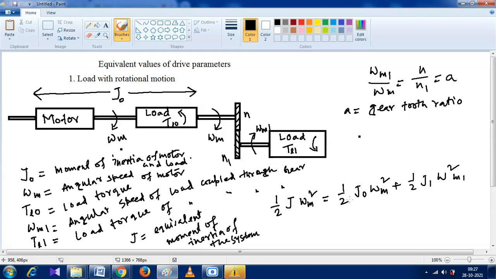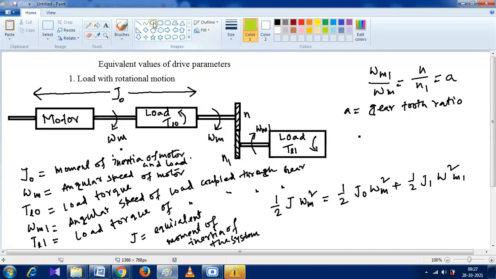Deepak, am I audible to you? Yes, sir, audible, sir. What is the kinetic energy of that system? Half J omega square, sir.